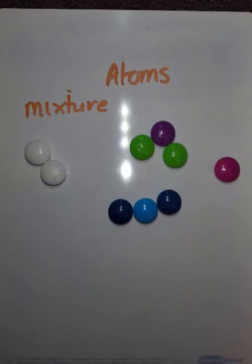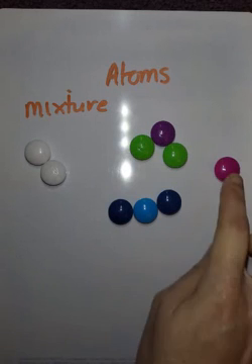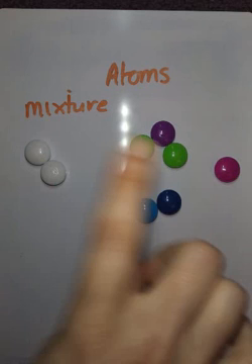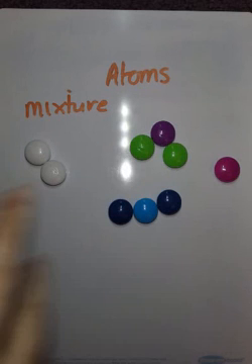But again, these things are not touching each other, and so they're just mixed together, they're not actually chemically combined. So those things you might again be asked to draw. You might be asked to draw a mixture or work out what a mixture is.